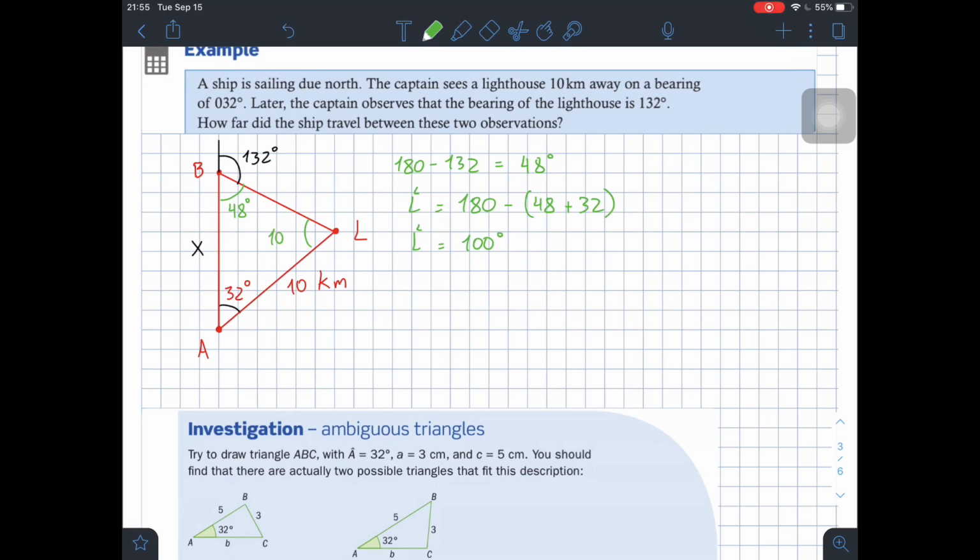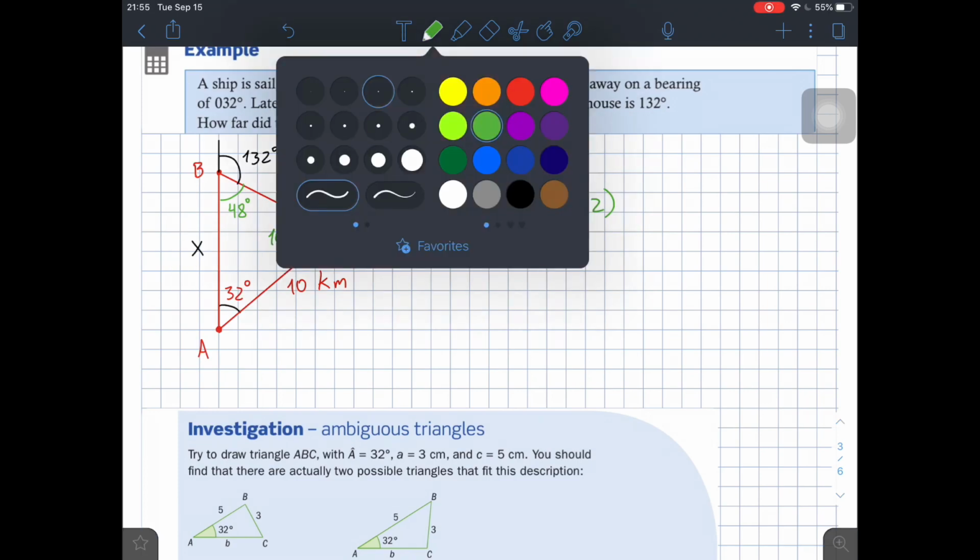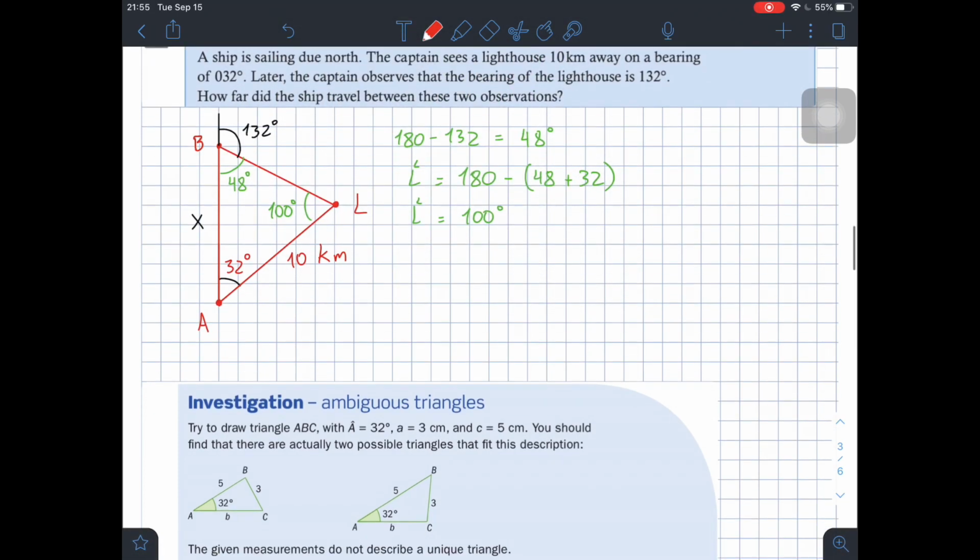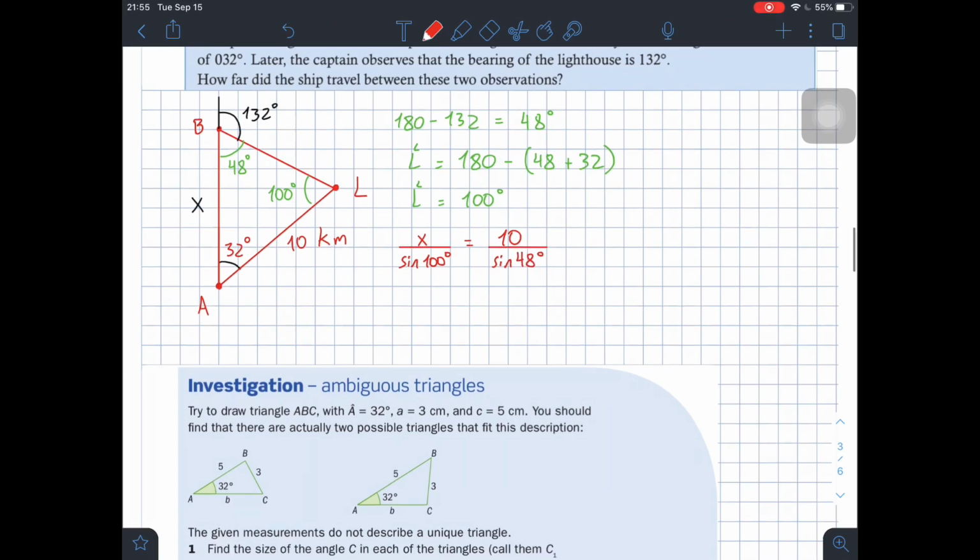Once we know that this angle is 100 degrees, we can easily find the value of x by applying sine rule. So x is to sine of 100 degrees as, and we can pick this pair as we already have the angle, 10 is to sine of 48 degrees. This is the sine rule applied to this problem, and we can solve for x.